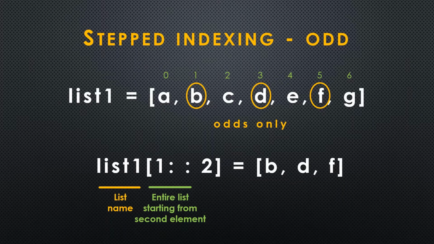And we know it's the second element because it has an index of 1. As usual, 2 is the step, meaning that the indexes between each element will have a step of 2. So in this case, the resulting list will go from being A, B, C, D, E, F, G to being simply B, D, F.